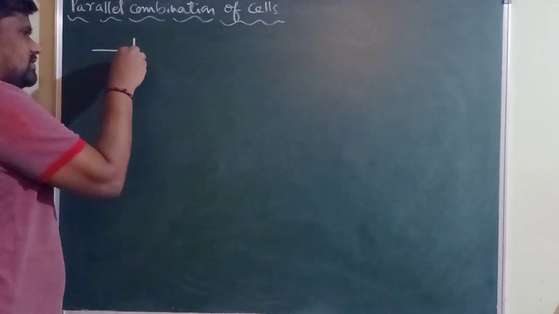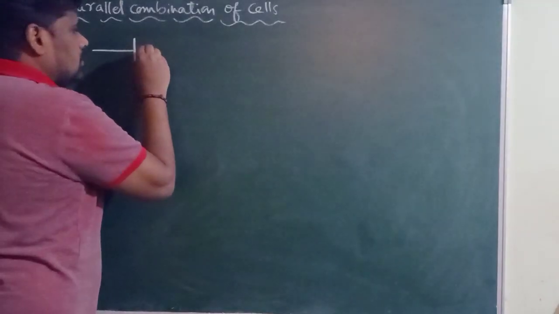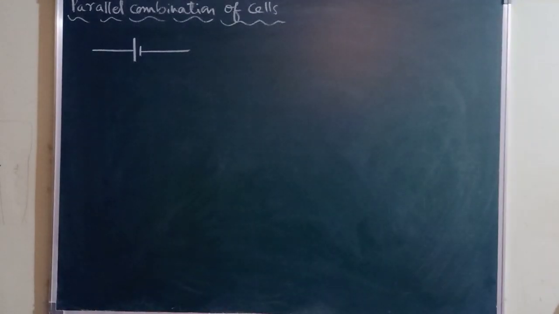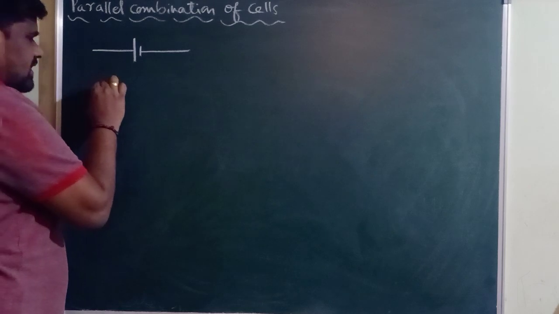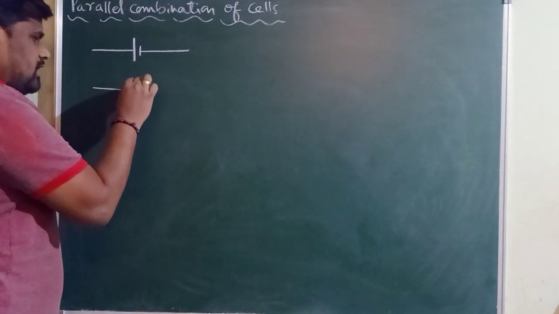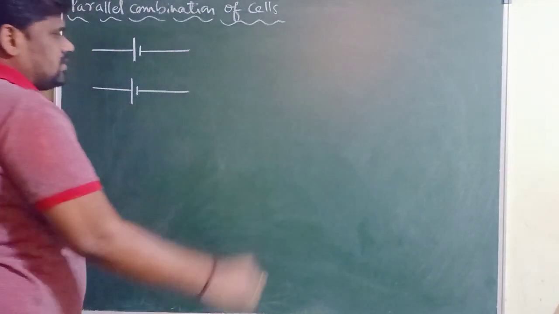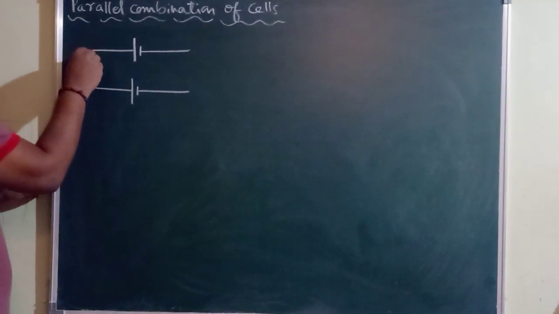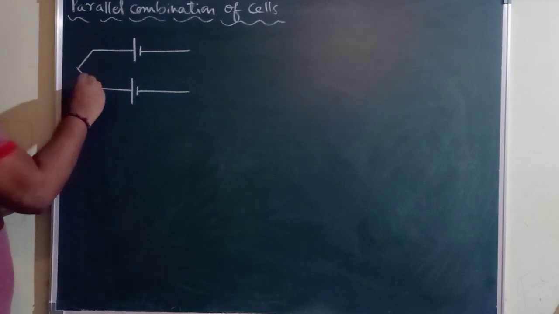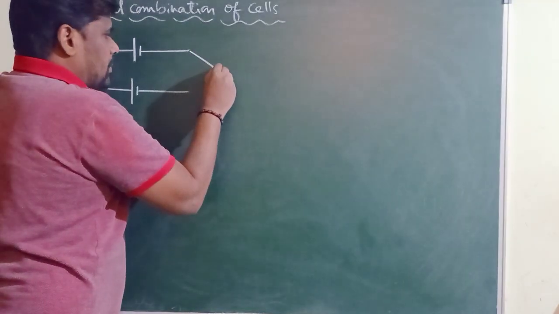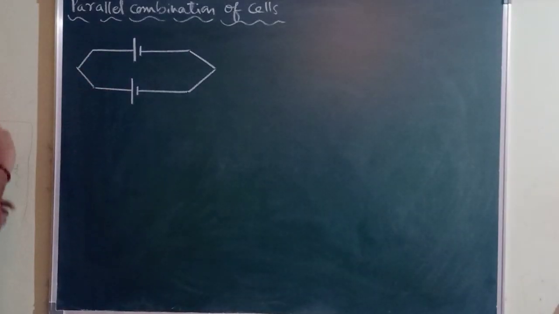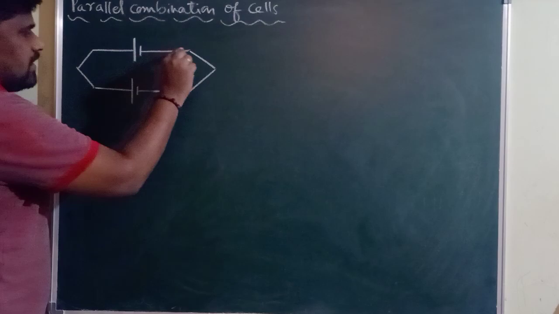This is the first cell of EMF E1 and internal resistance R1. This is the second cell of EMF E2 and internal resistance R2. And these two cells are connected in parallel in such a way that their positive terminals are joined together and negative terminals are joined together.